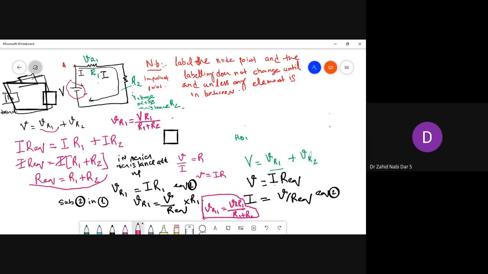See, VR1 you wrote now. Similarly, you write down first VR2. What is VR2? Here, the current I is remaining same, so VR2 is I into R2. Then what is I? I is V by R equivalent. So VR2 would be equal to V by R equivalent into R2.